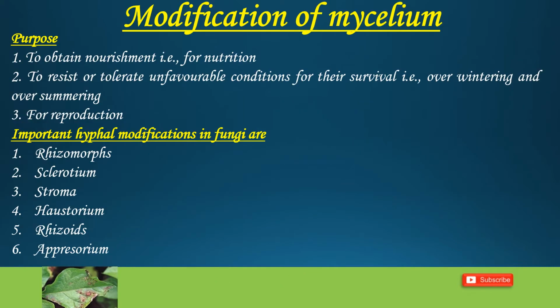Mycelium of the fungi modifies into different structures for obtaining nourishment, that is, for nutrition purpose, to resist or tolerate unfavorable conditions for their survival, that is, overwintering and oversummering, and for reproduction purpose. Important hyphal modifications we can observe in fungi are rhizomorphs, sclerotium, stroma, haustorium, rhizoids, and appressorium.